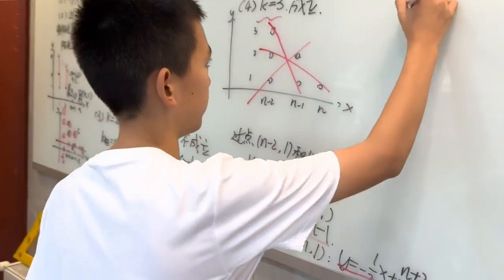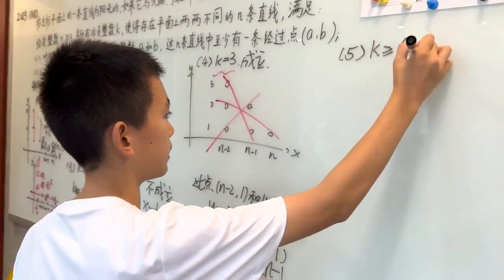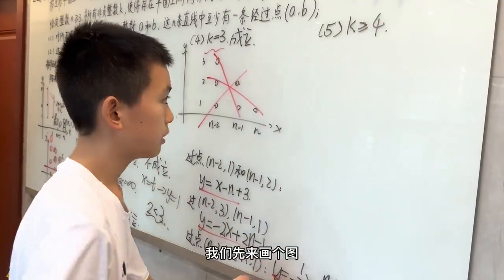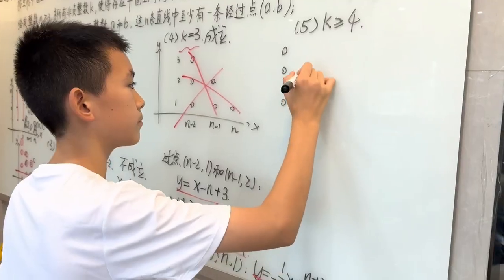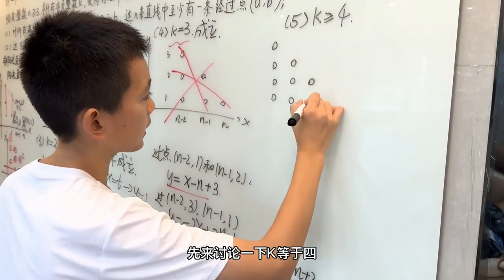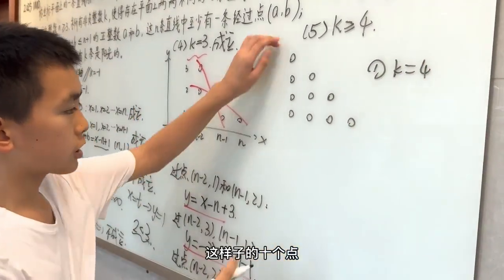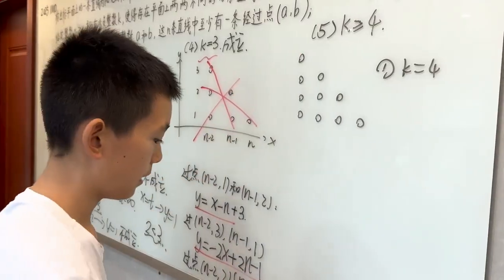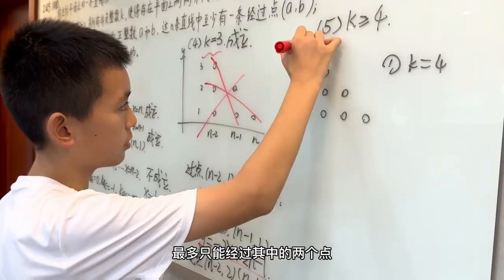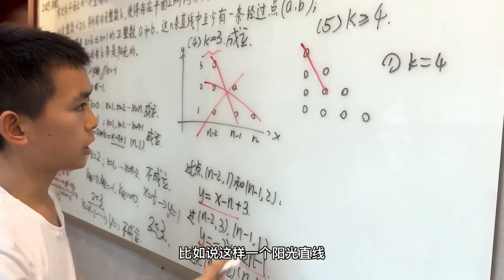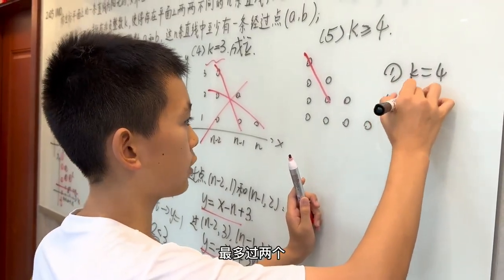Finally, let's discuss it again. What if k equals 4 or is greater than or equal to 4? Let's draw a picture now. Let's discuss k as 4 first. In the case of black and pink color, we have noticed 10 points like this. Each sunlight straight line can only pass through a maximum of 2 of these points.